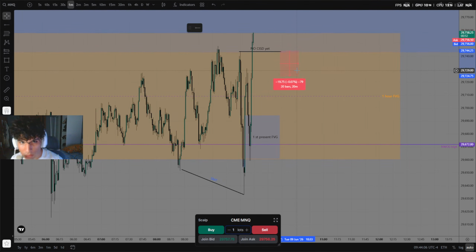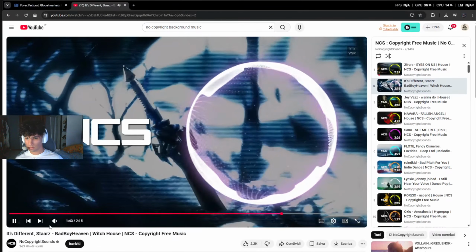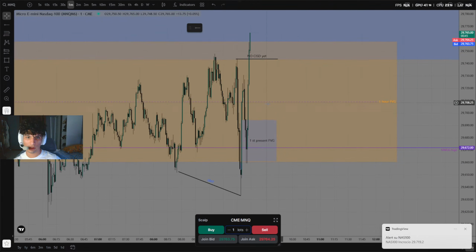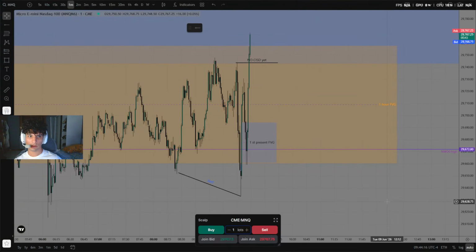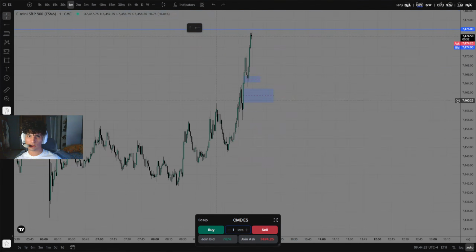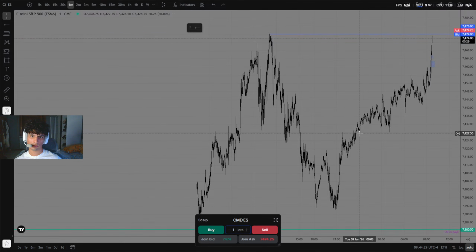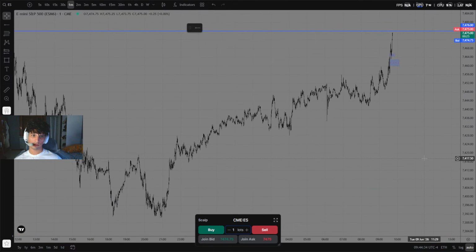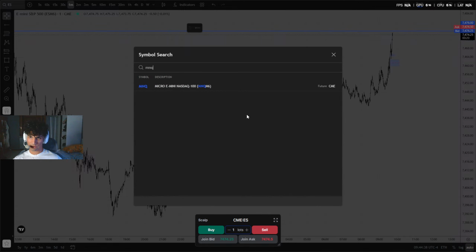So we have changing state of delivery. We have changed state of delivery. So this fair value gap should be respected. This one. I think they want to reverse so bad.